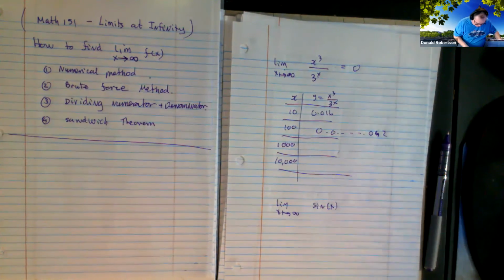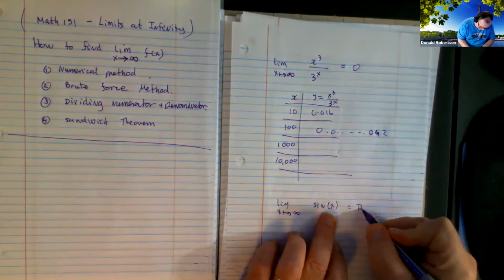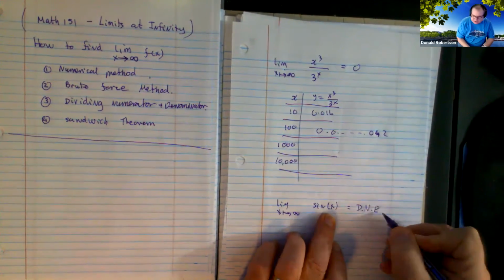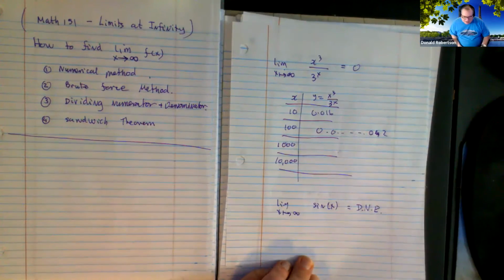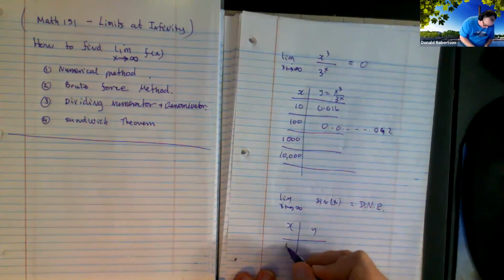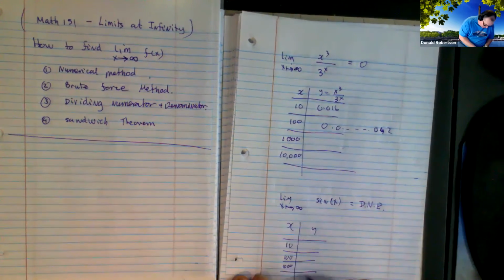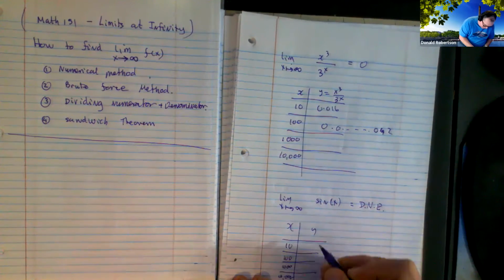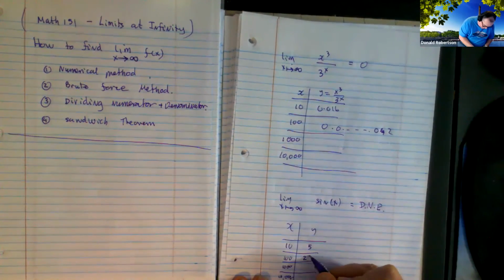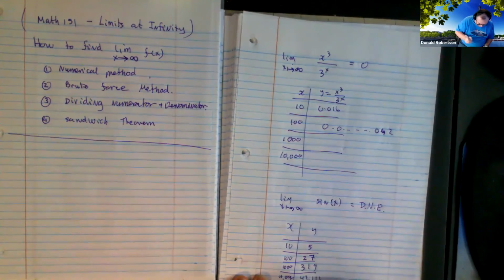I wasn't expecting that. So in this case, you would say that the limit as x tends to infinity does not exist. Suppose you got a table, and we did it at 10, 100, 1,000, and 10,000, and got 5, 27, 319, and 42,011.